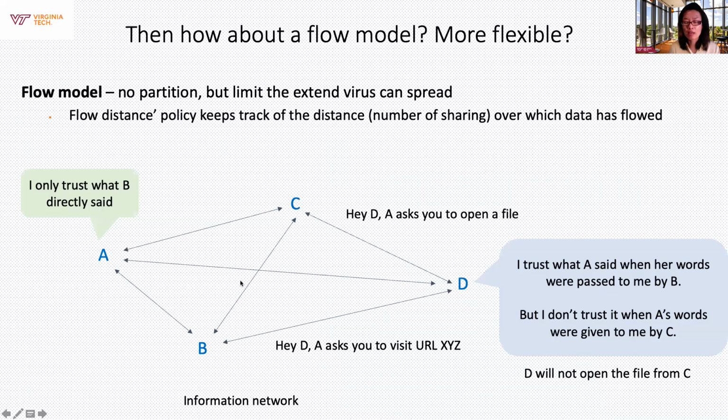So that partition model is also equally strict, and we're going to have some more discussion in that next class. It's called the Biba model, and there's also the Bell-LaPadula model. They're very popular 80s models, and then you will see it's not very feasible.